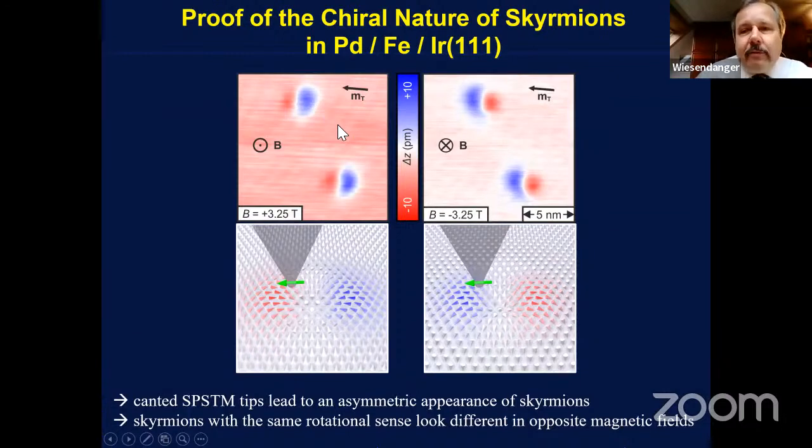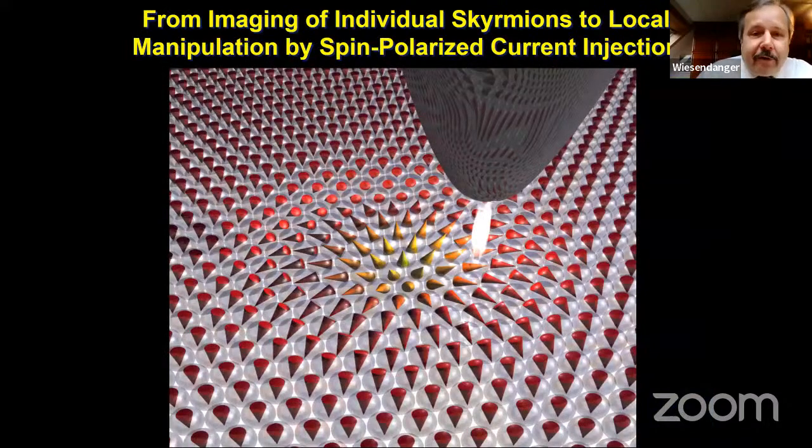And based on that, of course, we could develop new ideas for Skyrmion-based magnetic data storage and logic devices, as I will now show in the next few slides. So the very first question was: is it possible not only to image now skyrmions at ultimately small scales, but to manipulate them, to create them artificially, and also to delete them? And in fact, you can use the same spin-polarized STM tip for this kind of manipulation.